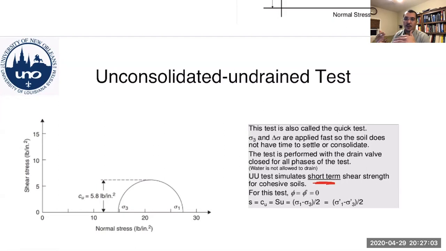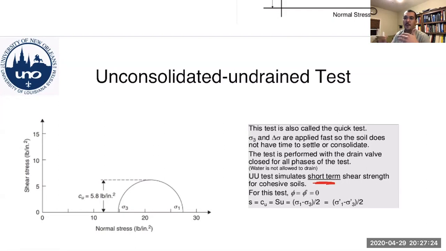At the start of the construction, which is short term, your soil is going to behave in an undrained fashion, meaning you're not going to have those pore water pressures dissipate over time. So if you're looking for a strength at short term, then you're looking at an unconsolidated, undrained test.